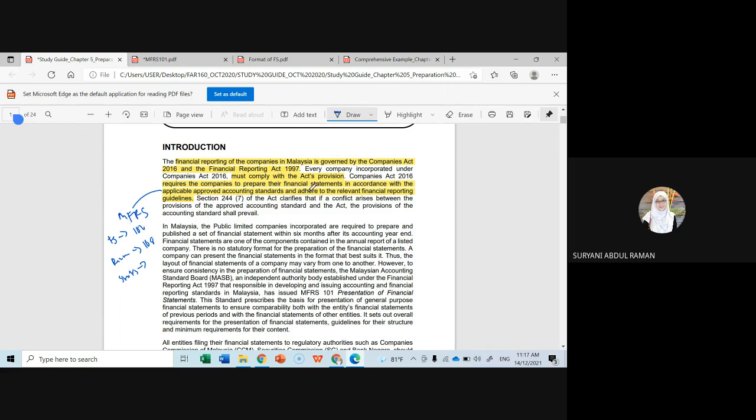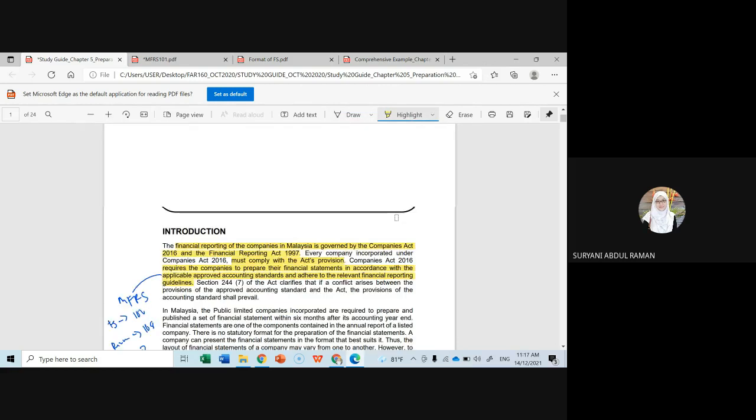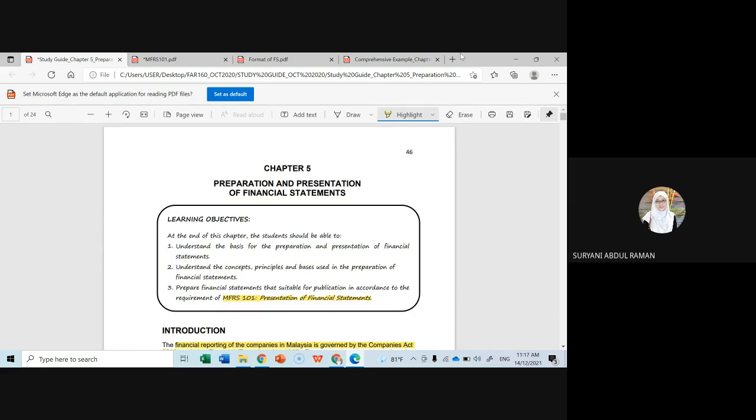Next, section 244, subsection 7 of the Act clarifies that if a conflict arises between the provisions of the approved standard and the Act, the provision of the accounting standard shall prevail. So actually there are two resources for the company to prepare its financial statement. What are the resources?